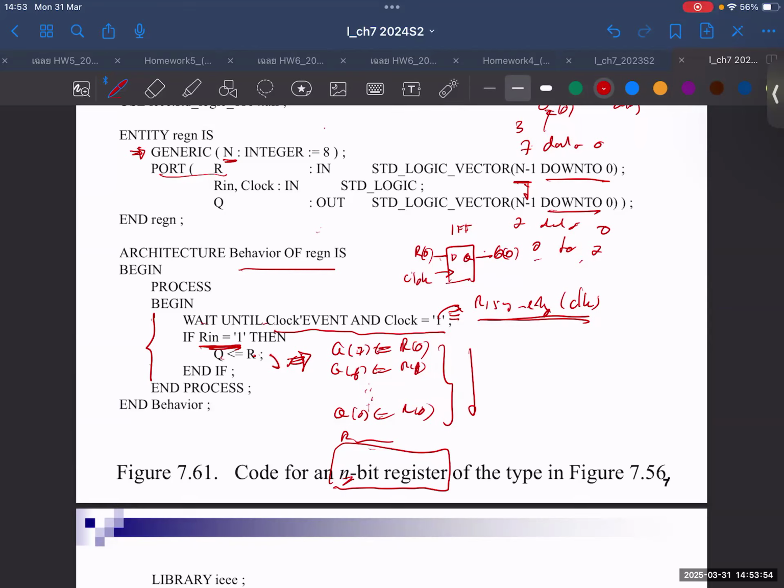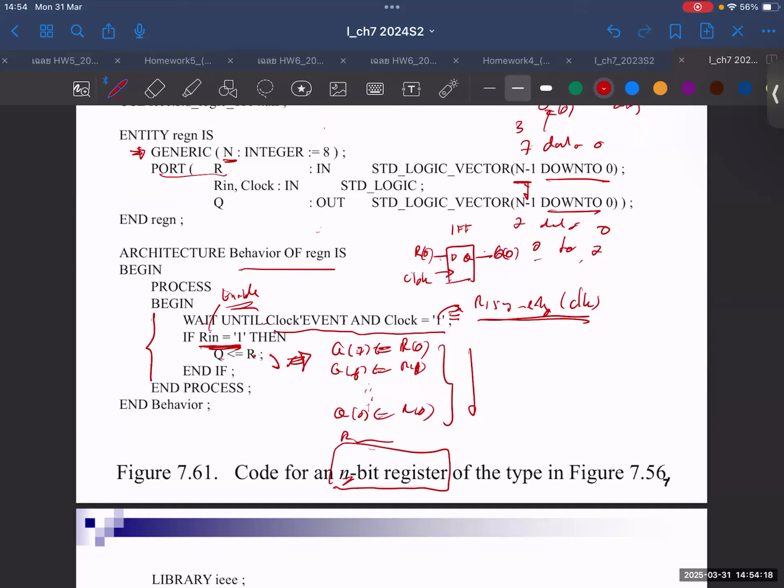Okay, yeah. And if RIN is under the clock, you can see that once you see the clock, you check the input signals. What is the input signal here? RIN. If RIN is 1, then you transfer the data, right? So RIN is like the enable signal, right? So if RIN is 0, what happened?